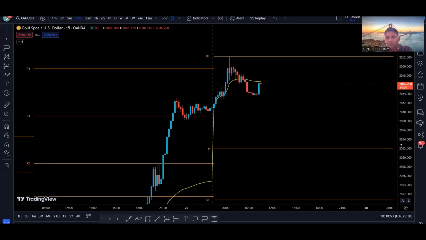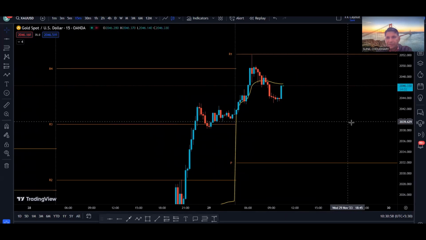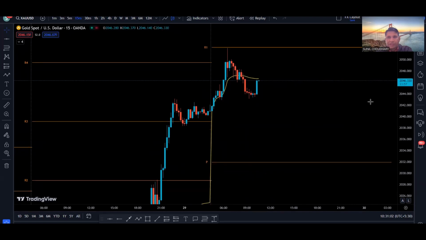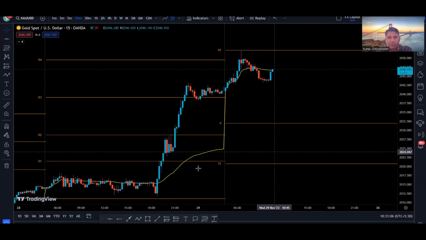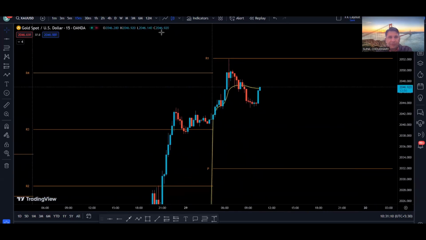For intraday scalping and intraday setups, what I'm looking for at the moment is, now we know that there is a potential pullback for this big move to the upside. If price can come up into this area, I don't want the price to break this high, but I want the price to give me some kind of double top.